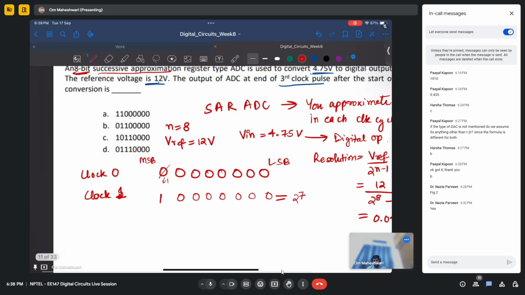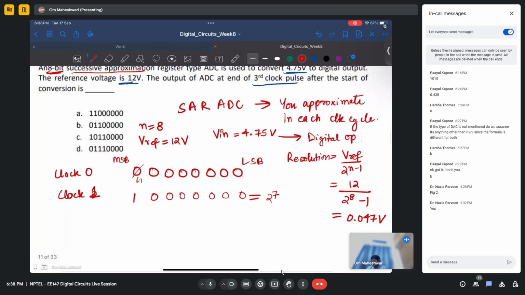The voltage value corresponding to this will be 2 to the power 7 into resolution 0.047, which comes out to be 6.023. Now 6.023 is greater than 4.75.